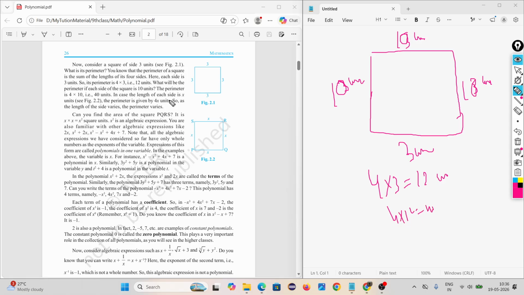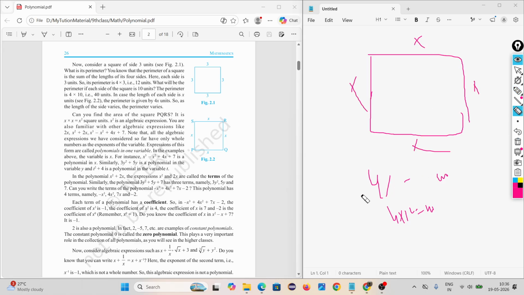In case the length of each side is x units, suppose instead of 10 it is x units on each side. The perimeter will be 4 into x, 4x units. So as the length of the side varies, the perimeter varies.